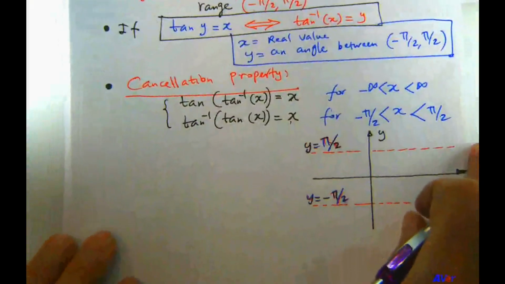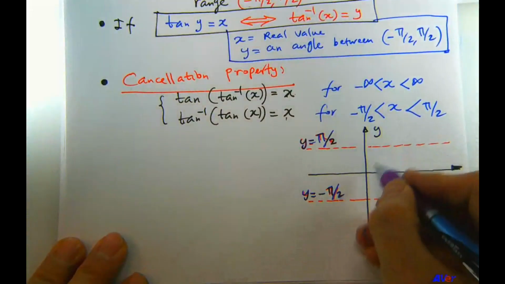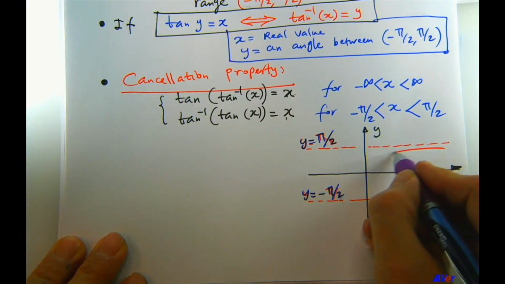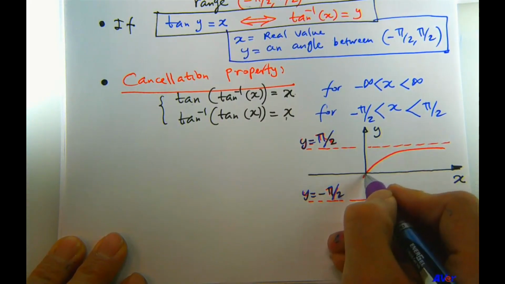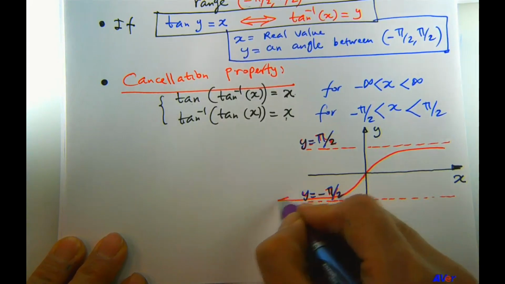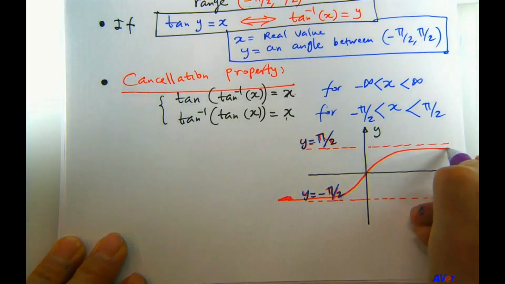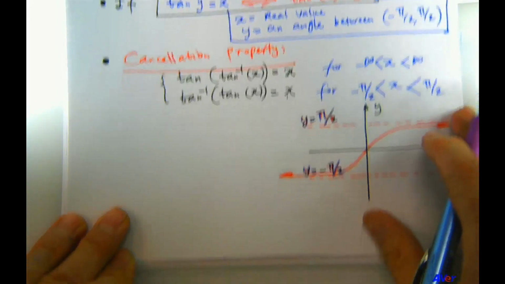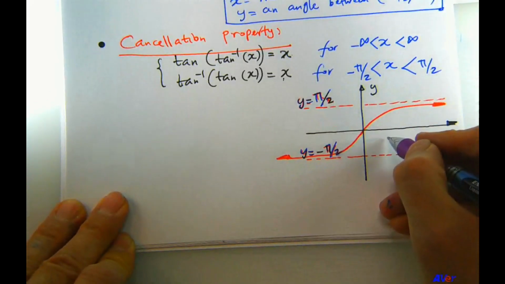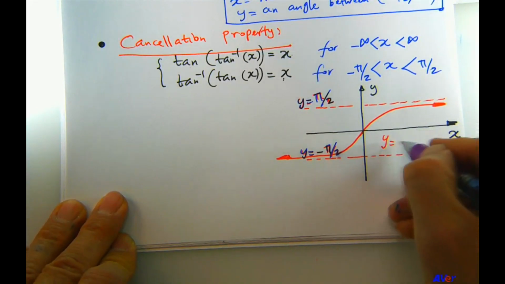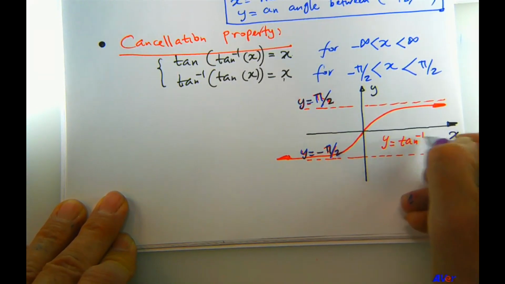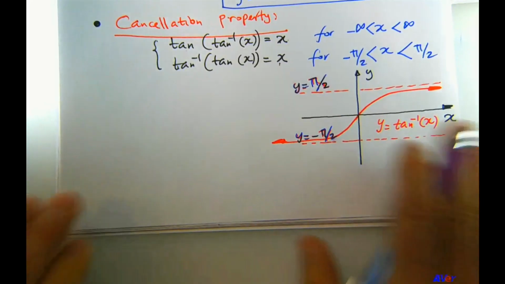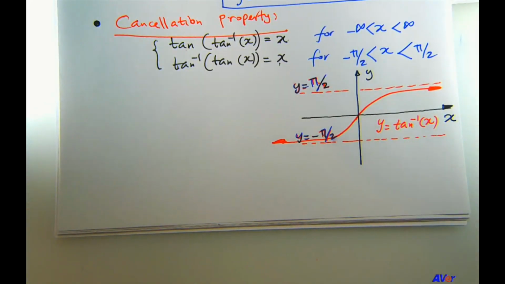So this is going to look like this, like this and like that. Okay, so this is the graph of y equals inverse tangent of x. So that's the graph of the inverse tangent function. So let's do some examples.